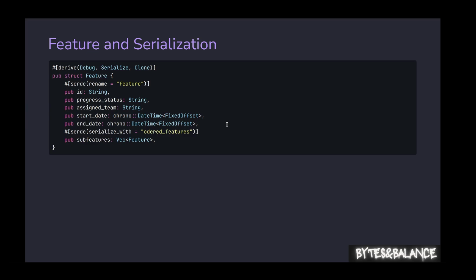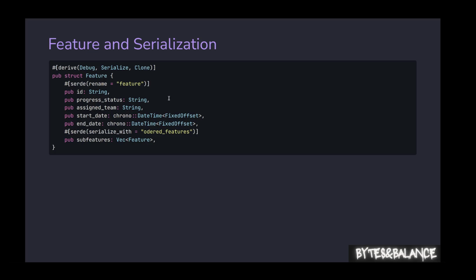This struct is decorated with derive, debug, serialize, and clone, which uses Rust's derive macro to automatically generate implementations for the debug, serialize, and clone traits. This means that instances of feature can be debugged, serialized, which is conversion to a format like JSON, and cloned, duplicated.